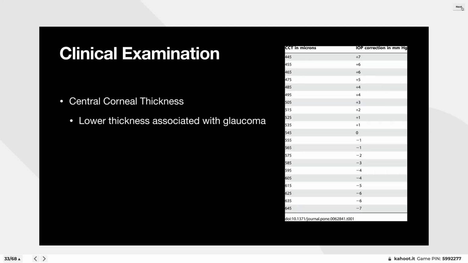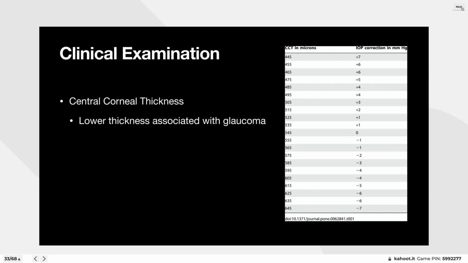Next, we're going to talk a bit about central corneal thickness. If you recall, I had mentioned that in applanation tonometry, or specifically the Goldmann, you are pressing against the cornea and you're looking for the pressure back, as in Newton's third law, that there's an equal and opposite response of forces as you press on the eye. The amount that the cornea can push back against you is often different based upon how thick the cornea is.